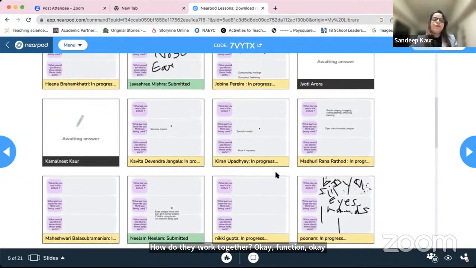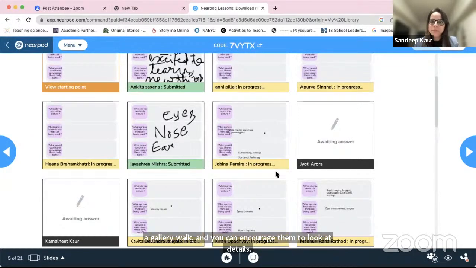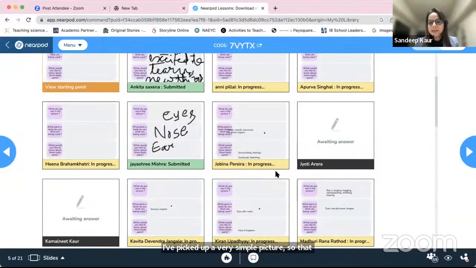So like this, if you have an I see, I think, I wonder routine, you can actually strengthen your students' observational skills. Like, what do you see in the picture? It can be a picture, or you can take them out for a gallery walk, and you can encourage them to look at details. I've picked a very simple picture so that it's easier for everybody to understand, but you can make it more complex.